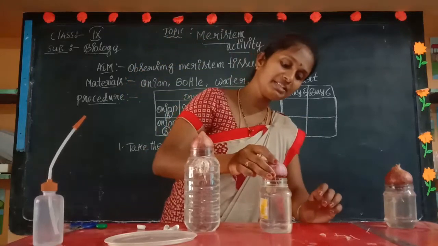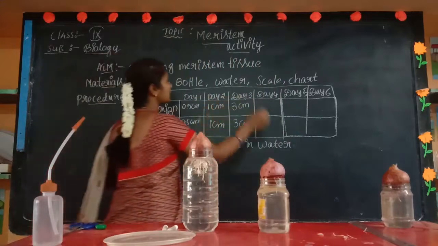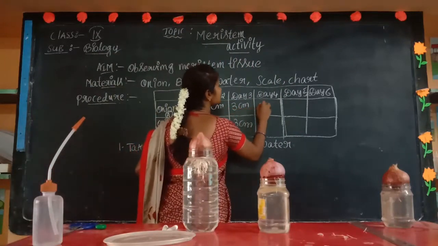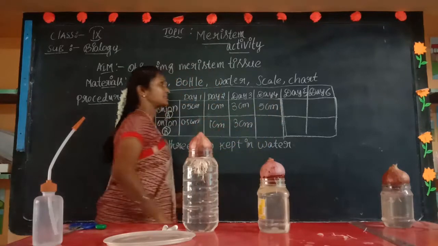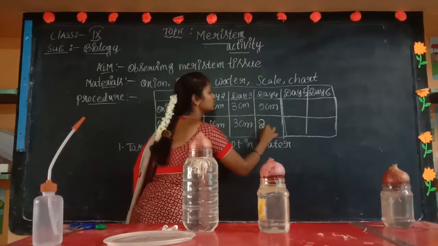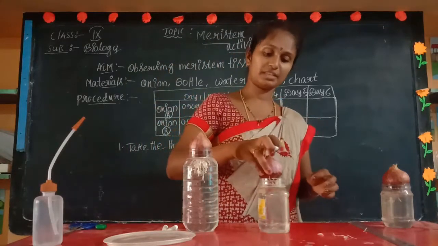Again I kept it in the water on day 3. After day 4, onion A increased from 3 centimeters to 5 centimeters, but onion B only 2 centimeters. Why 2 centimeters? Because I cut it, right? Yes.